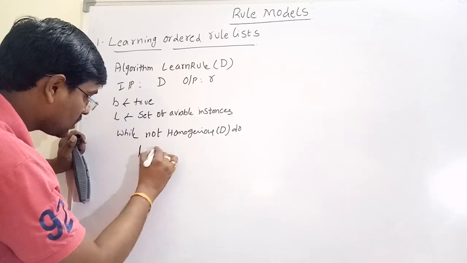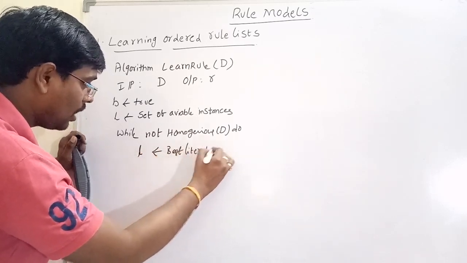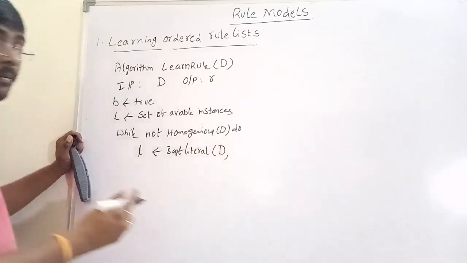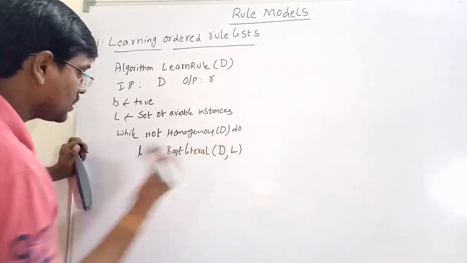Suppose L is equal to best literal of D, and the remaining set of instances.